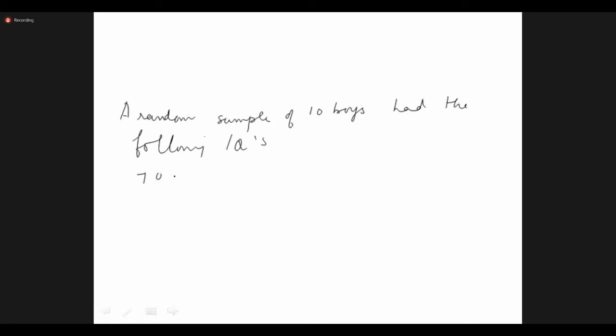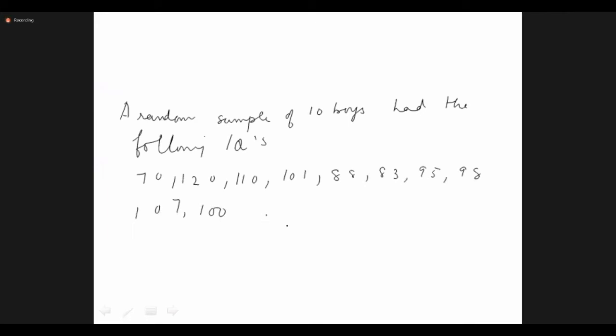A random sample of 10 boys had the following IQ: 70, 120, 110, 101 and 88, 83, 95 and 98, 107 and 100.